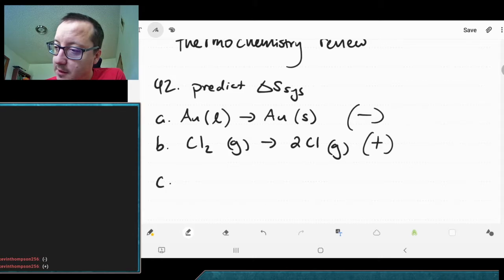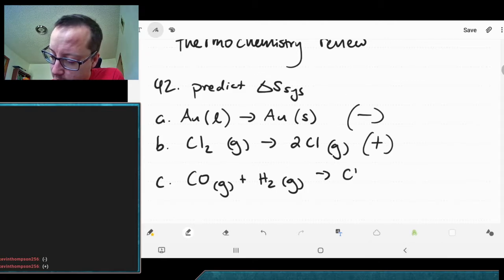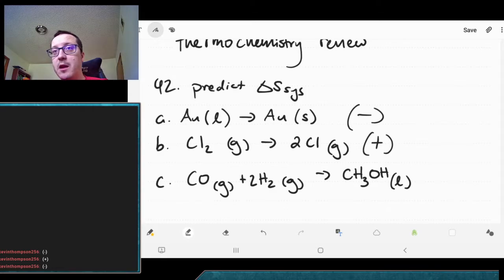All right, the next one is gaseous carbon monoxide plus gaseous hydrogen to form methanol in the liquid state. With this one, we're going to need to balance this, I suppose. We're going to see again that we have 3 moles of gas on the left and 0 moles on the right.